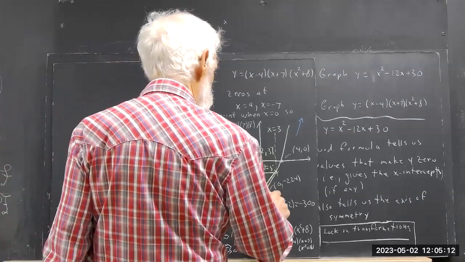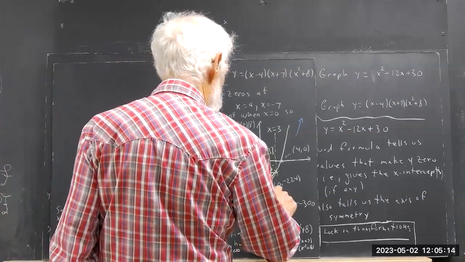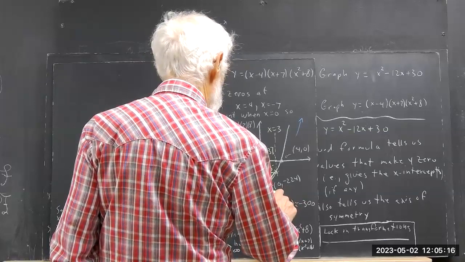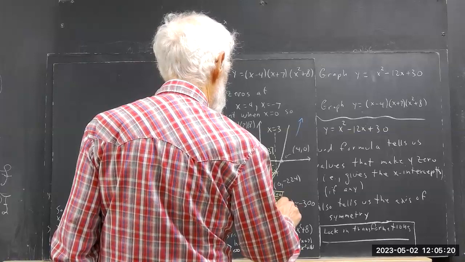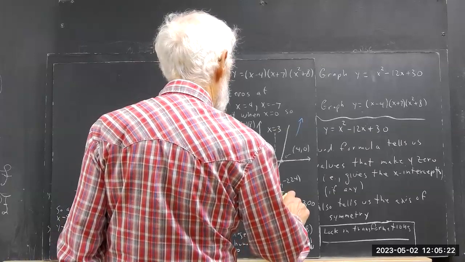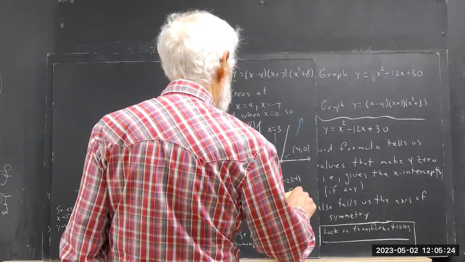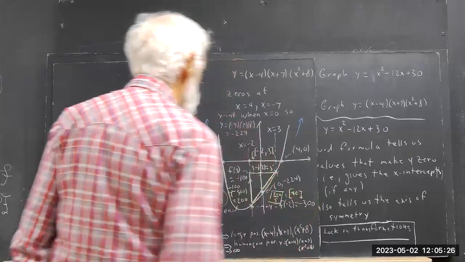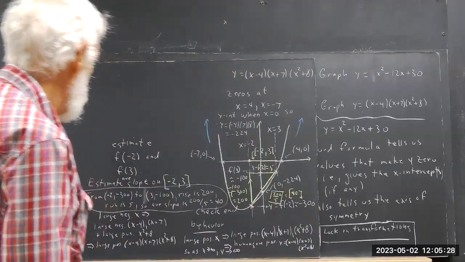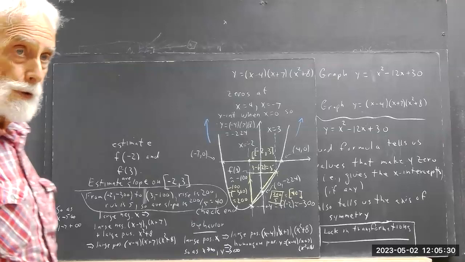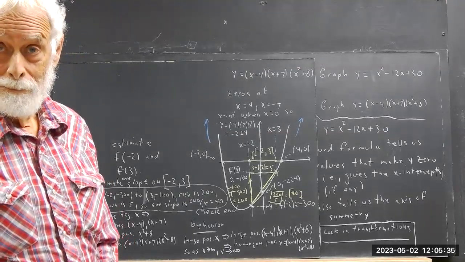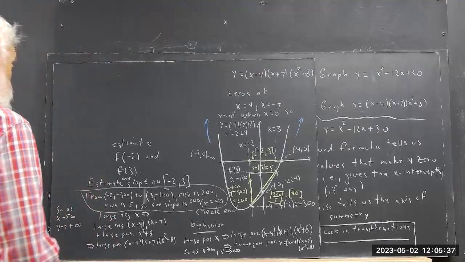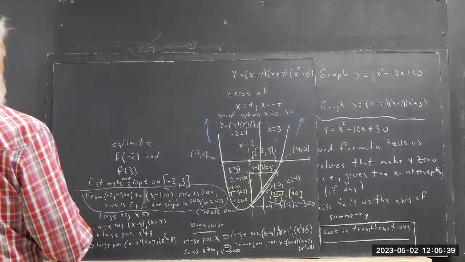So the slope is 200 over 5, which equals 40. Also, you want to make note of the fact that the slope is the average rate of change. So slope is average rate of change.